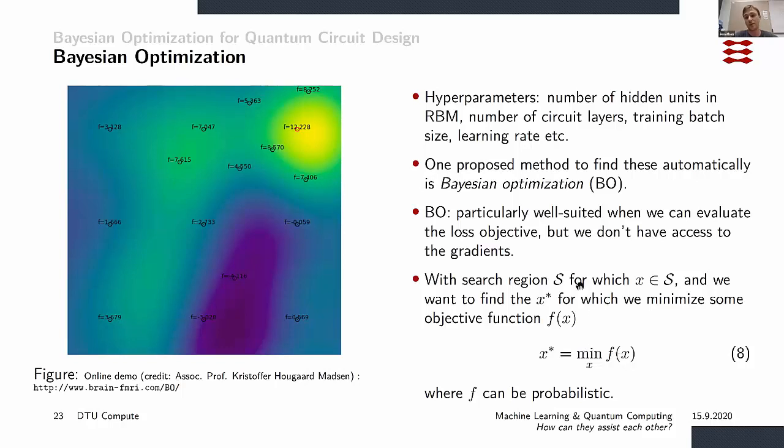And the function itself can even be probabilistic. And what does that mean? That means that even though we query the model with a certain number of hyperparameters, if we do that multiple times, we might get different estimates on the cost function itself. We need to be able to take that into account also.